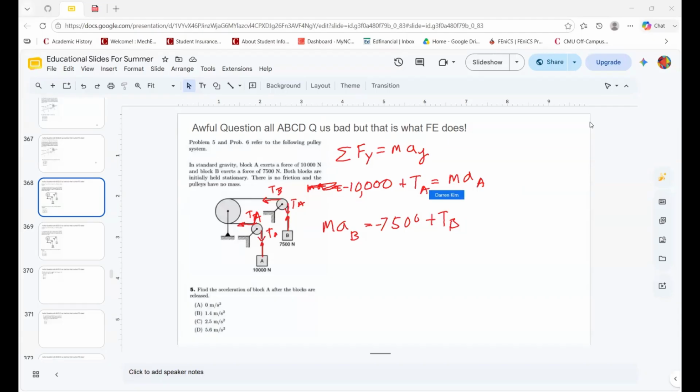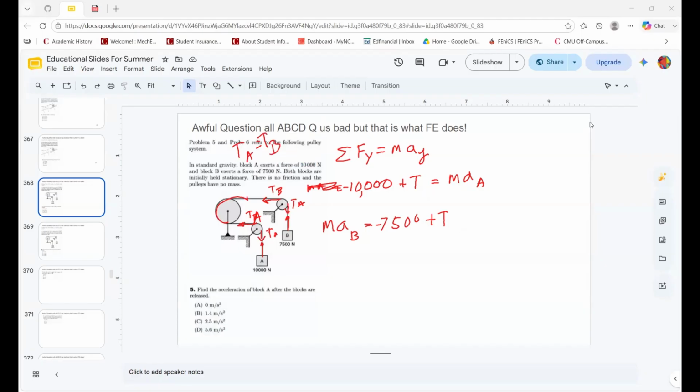Now here's the thing, they're all in tension, so there must be a relationship between a_A and a_B. This is the weight of the block, right? Does it say weight? In standard gravity, yes, so it's the weight of the block. So we know that T_A must equal T_B, no question about that.